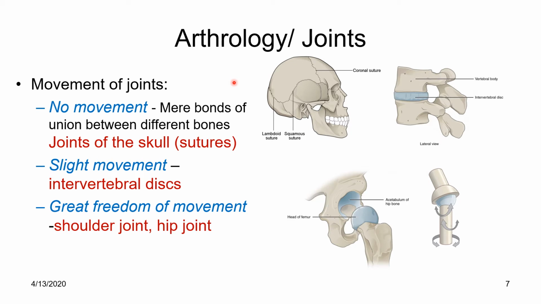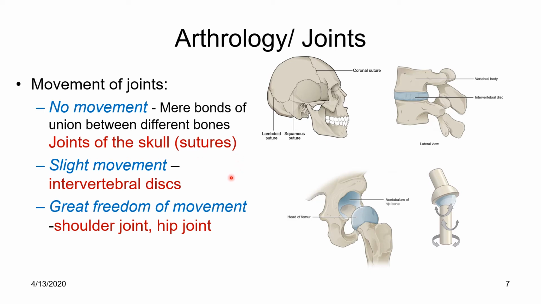Let us see what is without movement. There will be just mere bonds of union between different bones. That's what you are seeing in these sutures. So joints of the skull are the ones where there is no movement, and these joints are called sutures.